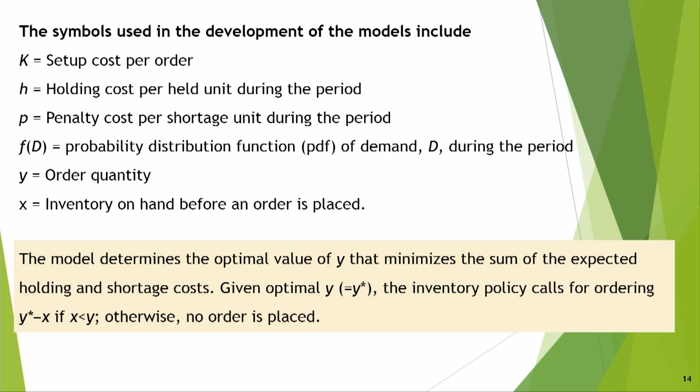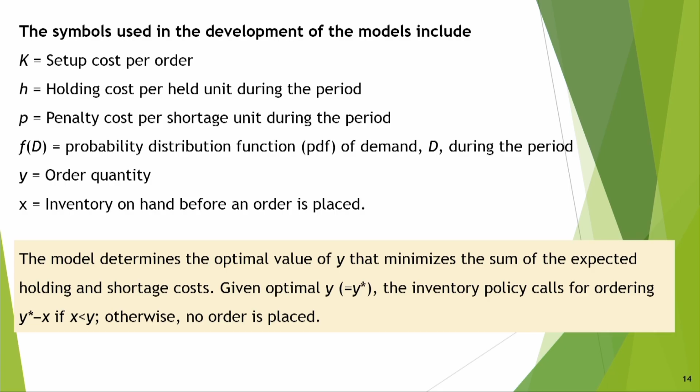So here we can have symbols used in the development of the model. Setup cost per order, holding cost per order. We used to make this type of model. Penalty cost per shortage unit during the period. f_D is the probability distribution function of demand D during the period.